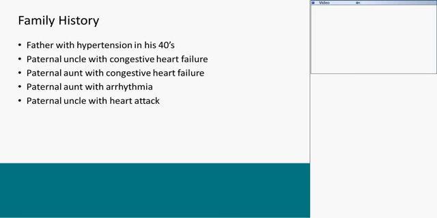We saw this family history that is worrisome. You can see that the father had hypertension, and he is only in his early 40s. There are different paternal uncles and aunts that have some kind of heart problem, and there is a paternal uncle that had a heart attack. So you do not need to be a geneticist or genetic counselor to see that, okay, I think there is something genetic going on in here, right?